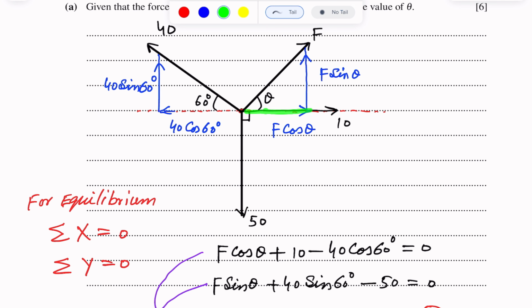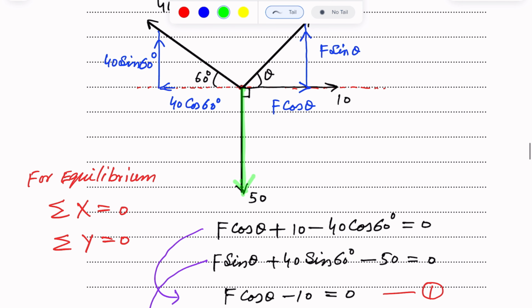If we take the 10 Newton force along the x-axis, this must be along the y-axis because the angle between these forces is 90 degrees. So along the 50 Newton force, x is 0 and y is negative because it lies in the negative y-axis.